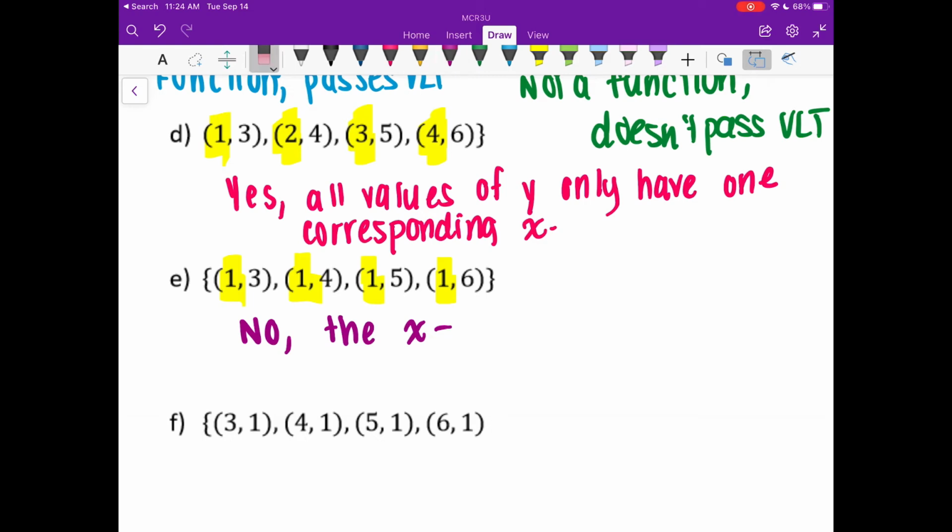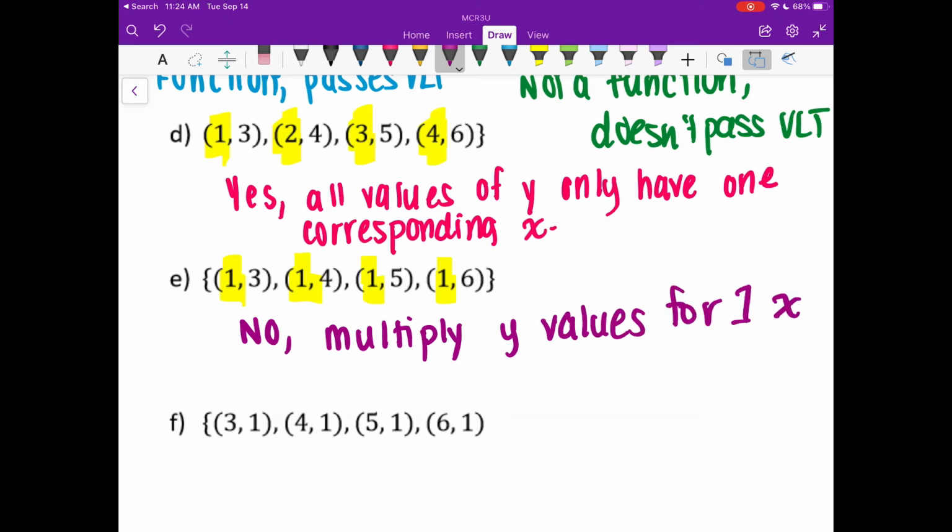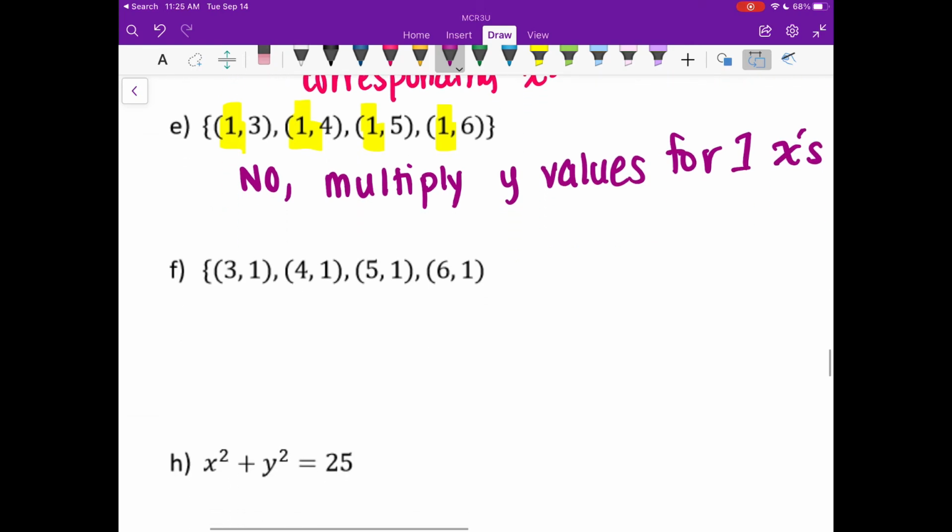If you were to graph it, it would look like a straight line. So there are multiple y values for 1 x. See, x is 1, so y can be 3, it can be 4, 5, or 6.